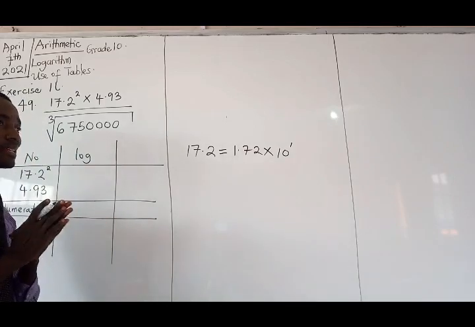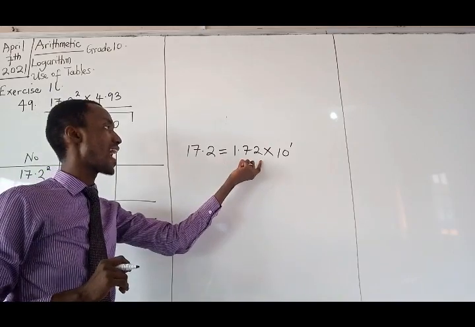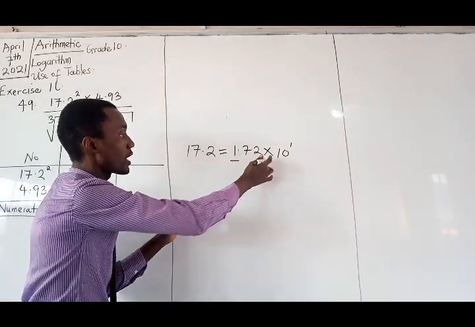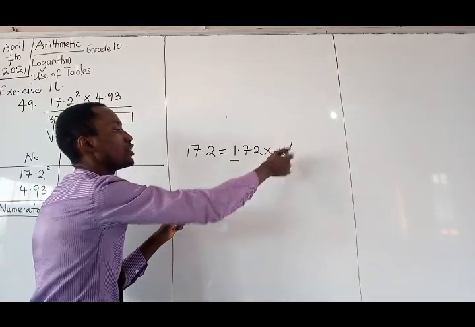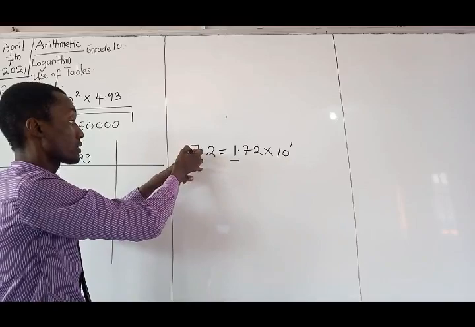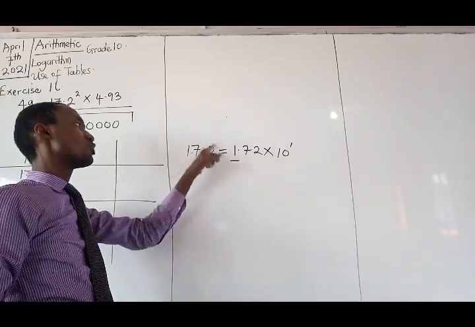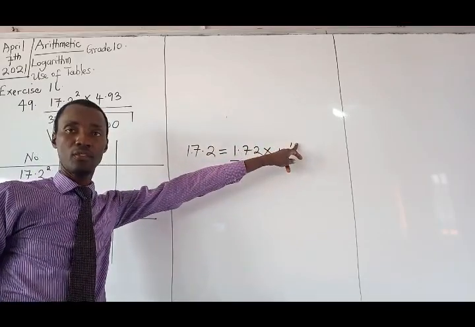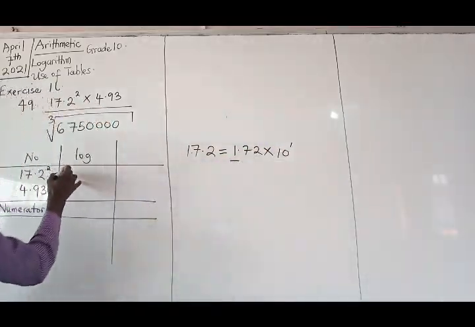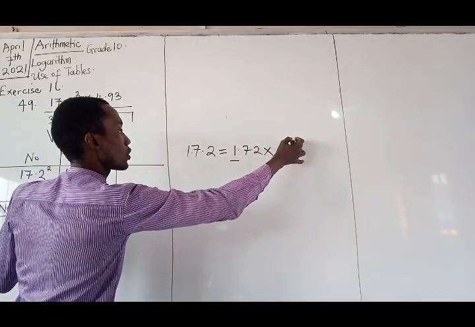We had said that the concept of standard form is to write a number as a unit with decimal parts times 10 raised to the power of the movement you have made. If I move one step backwards, I would have made this big number to be small. So hence, the power here would be positive. So that's why you have this to be 1 point, because this part is actually 1.